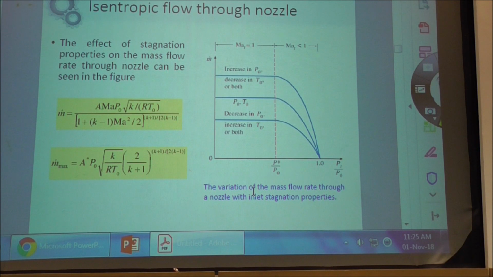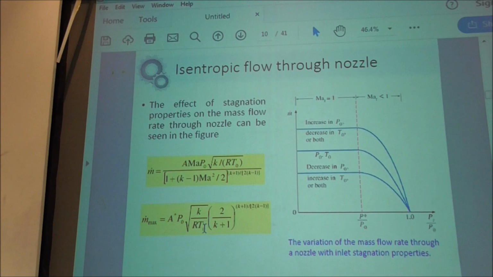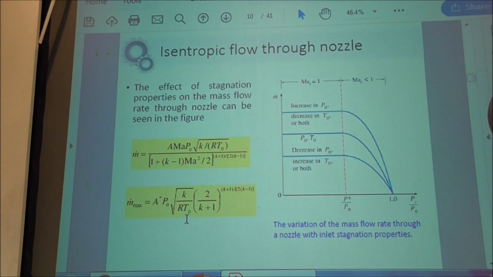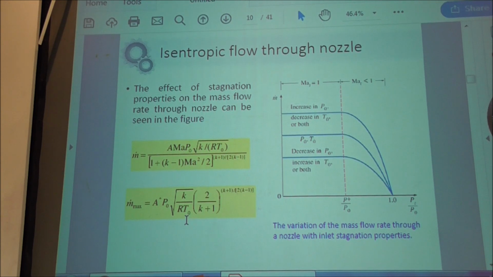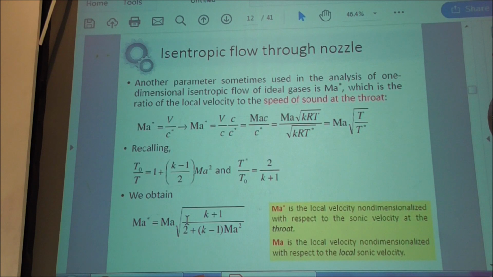So what you can do is either increase the stagnation pressure or decrease the temperature. If you want to increase the flow rate in this nozzle, you increase the P naught or decrease the T naught. Make it cooler: provide a cooling jacket, and you get a higher flow rate. Okay, any question? No?